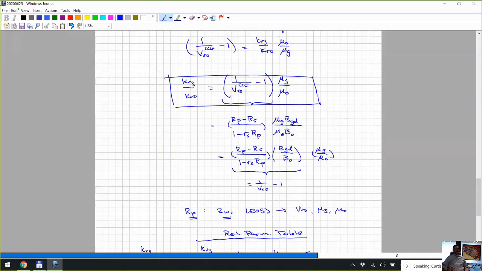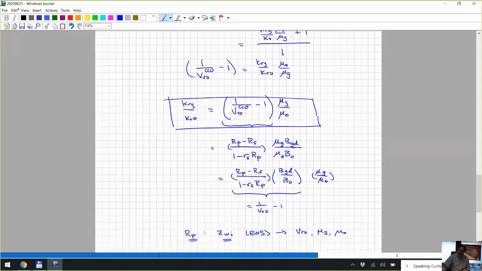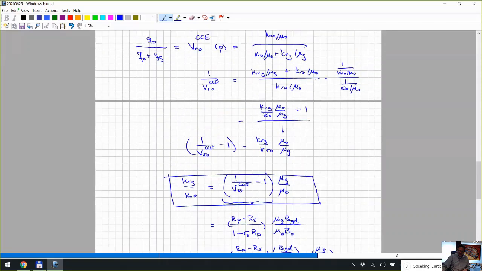Any questions about this? The point is this fundamental relationship. If it's a steady state flow region, meaning there's no accumulation going on in that grid cell at this given time and thereafter probably, there's no net change in stock tank barrels, you're not losing any stock tank barrels as you flow, then this is the relationship that gives you the ratio Kg/Ko.